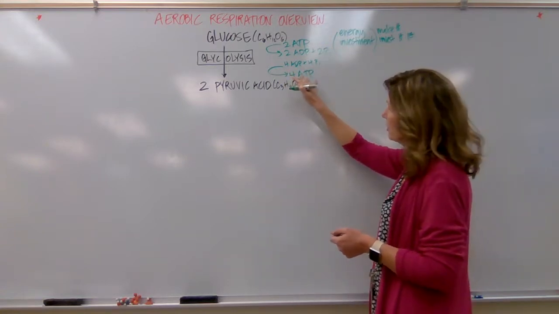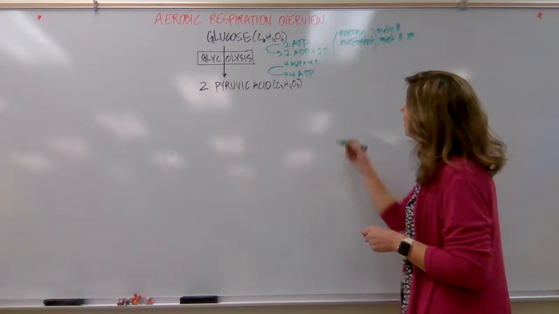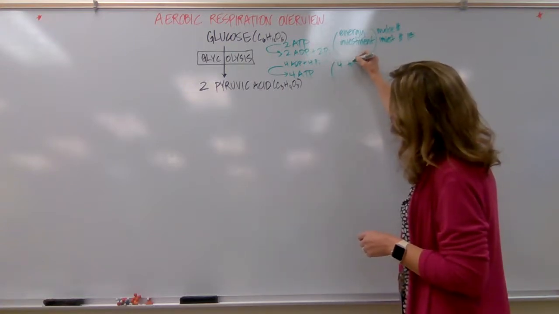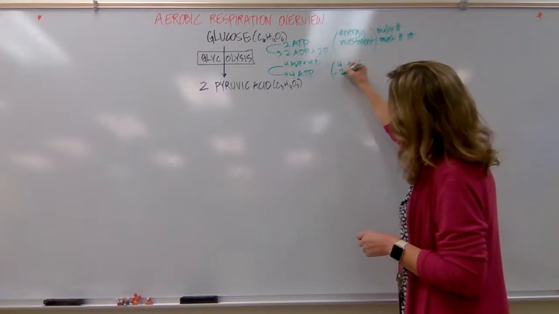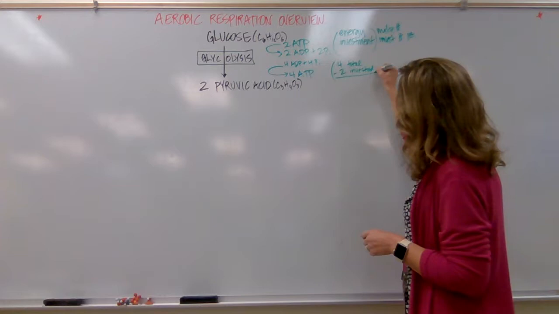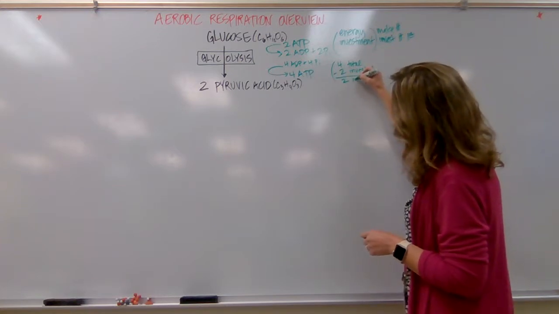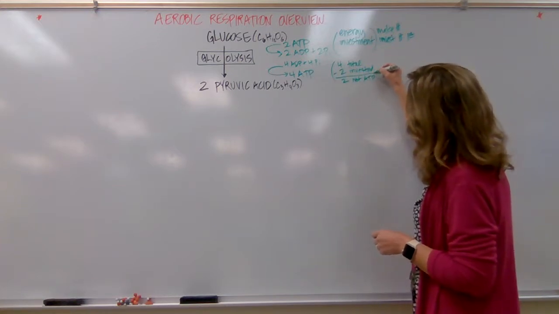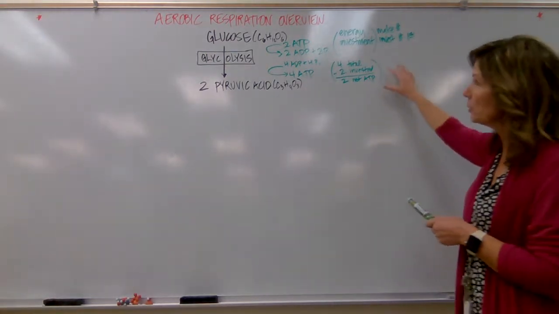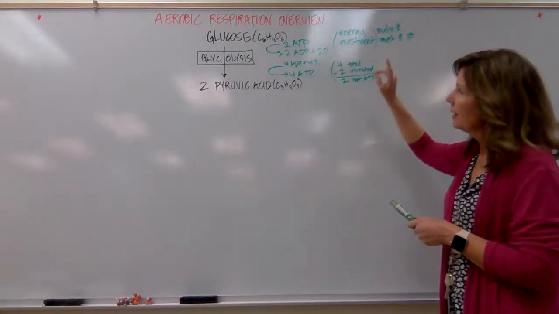Those are just put together to produce those 4 ATP. So to look at 4 total produced minus 2 invested means you will have a net ATP production of 2. So you do get some ATP even though you had to invest a little bit.